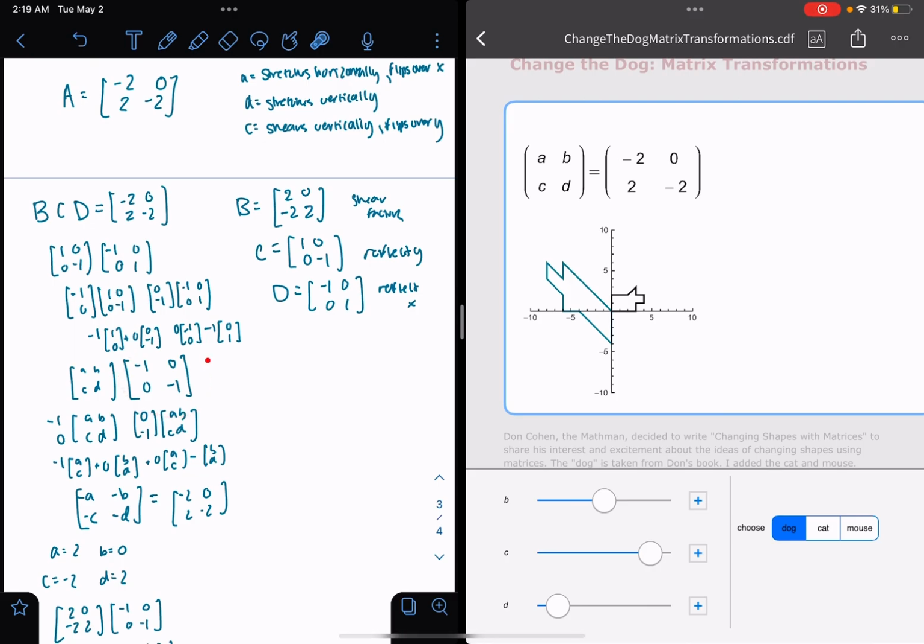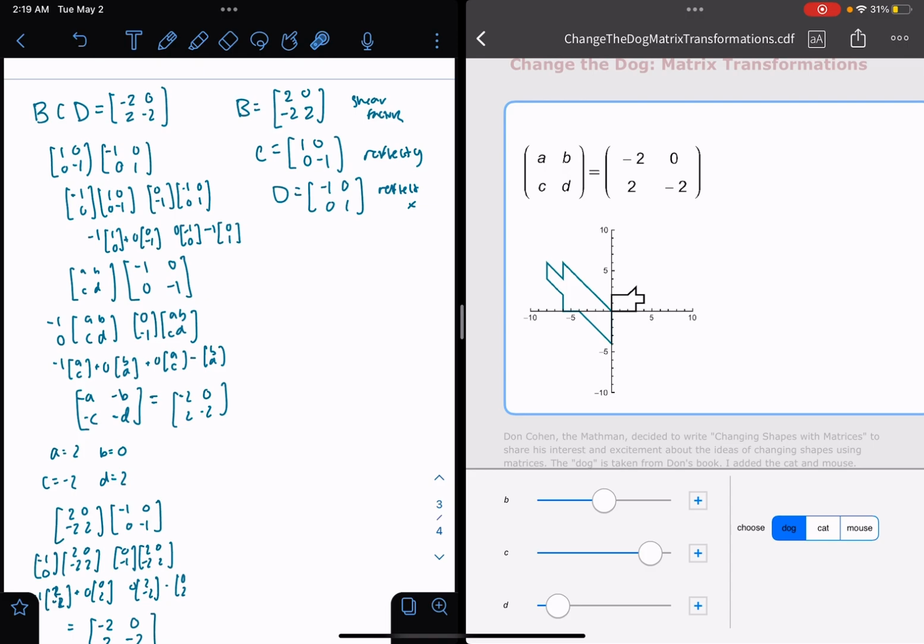And then I got this product right here, which is similar to where I want the negatives in the A matrix. So then I multiplied it by this arbitrary ABCD just to see what I needed those values of this final B matrix to be in order to get the matrix that I started with.